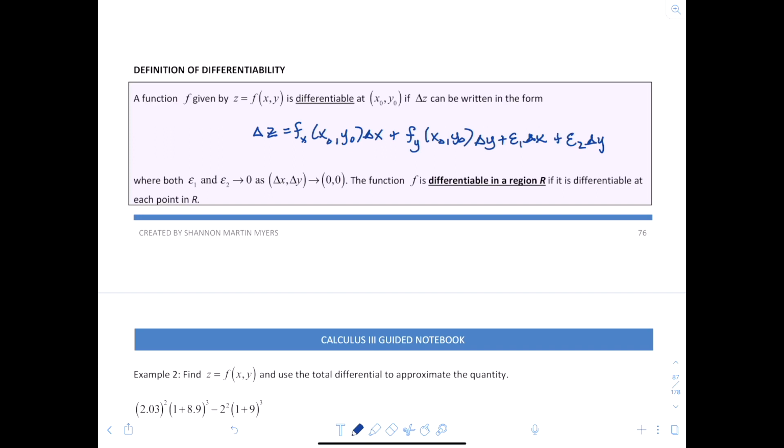The function f is differentiable in a region R if it's differentiable at each point in R.